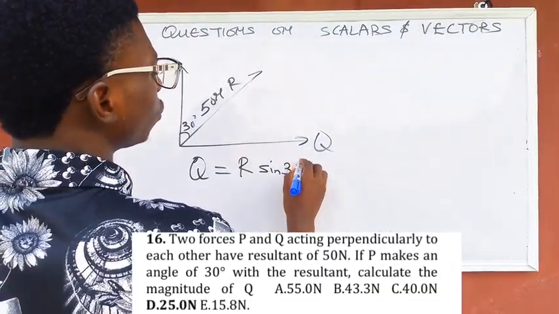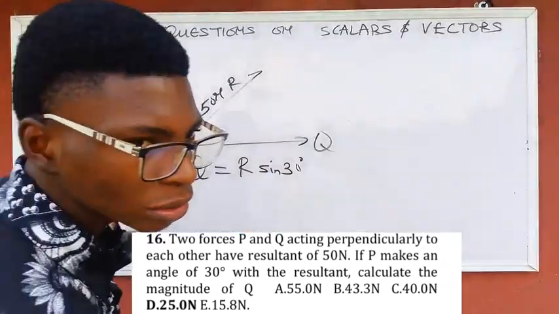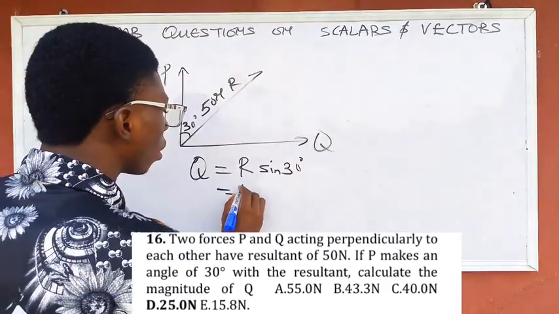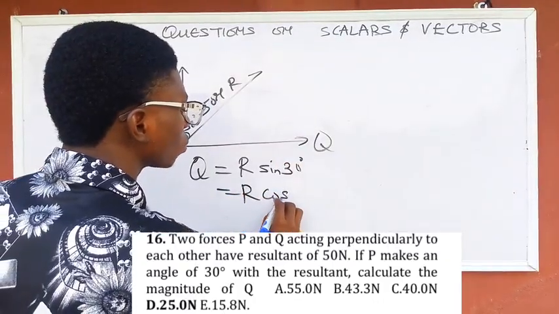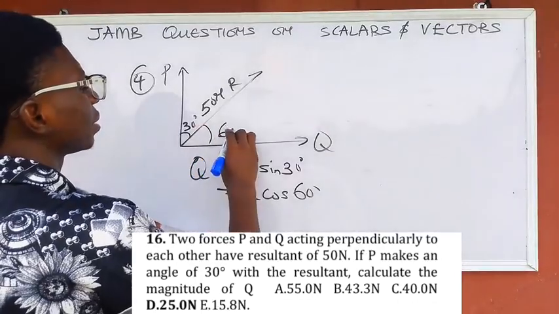I've made a video on why it is sine 30, and why it could be R cos 60, because the angle here is 60.